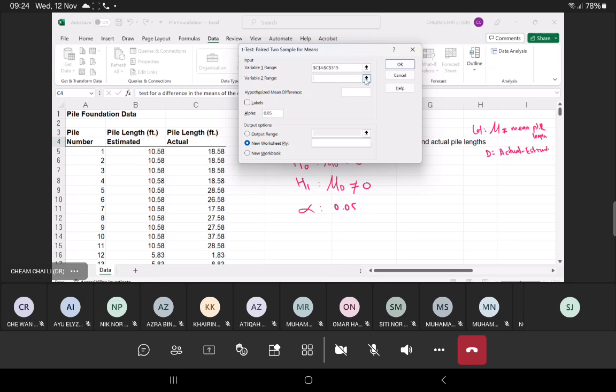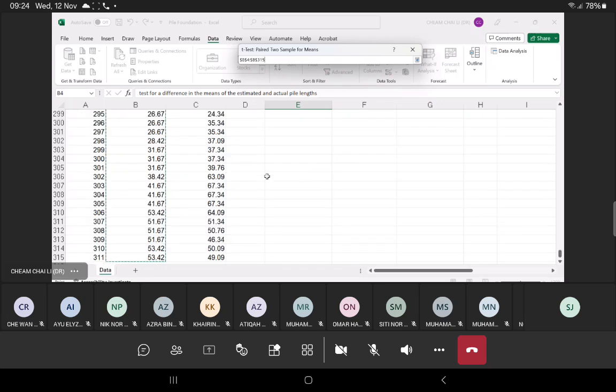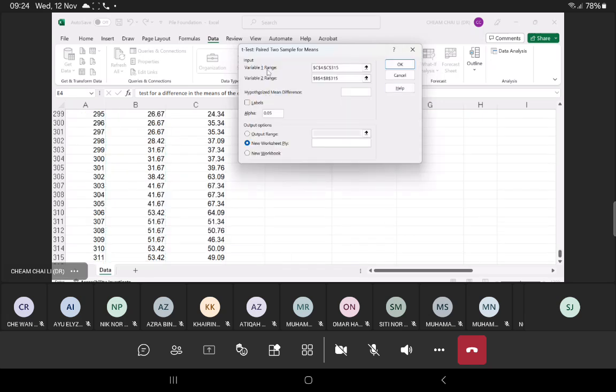For variable 2, you choose the estimated, right? You can close this and then choose estimated, Control Shift down, and then the two of the inputs have filled in. Okay, and then you put hypothesis mean differences, ambil kosong. And then you need to check this label because we have selected the actual, right?